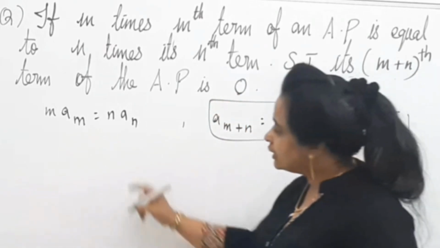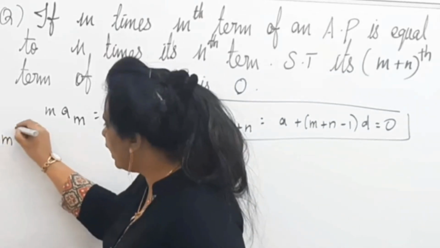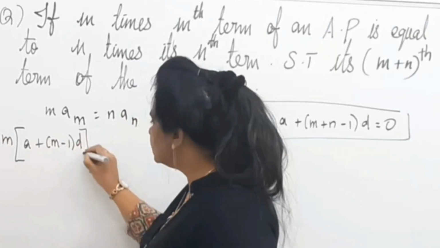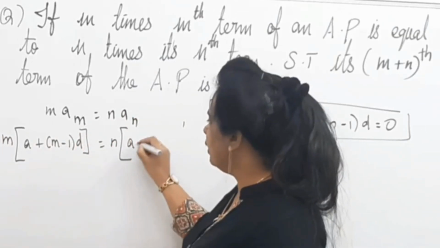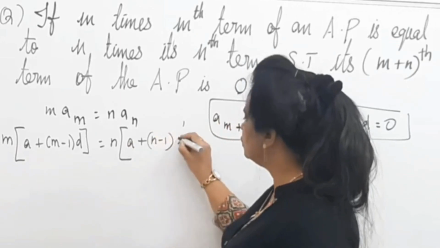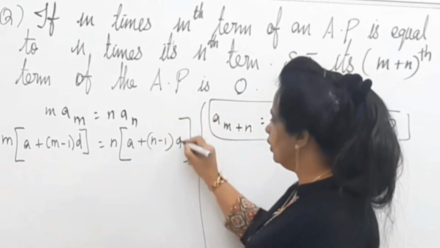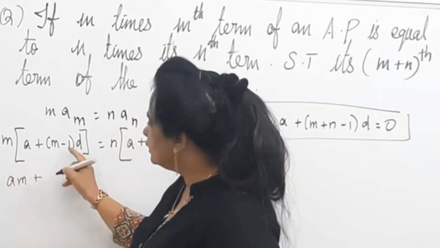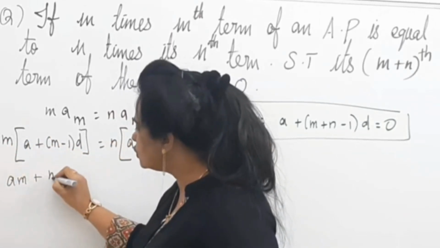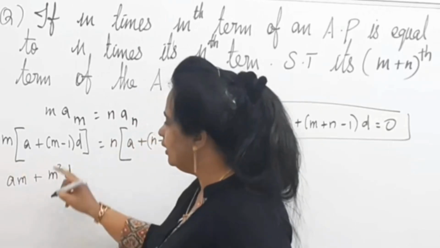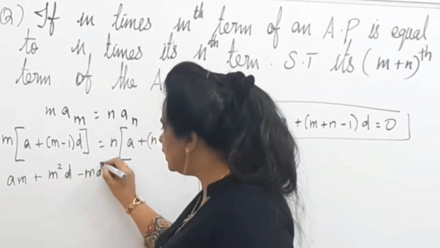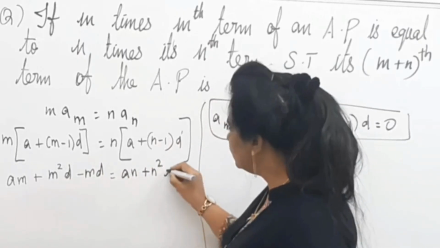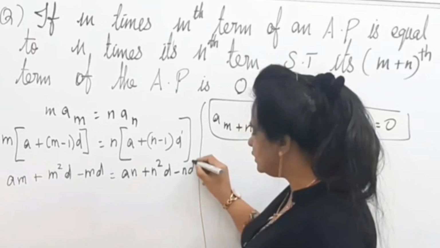So now it is given m times a_m. So m into (a + (m - 1)d) is equal to n into (a + (n - 1)d). So both are equal. Now I just expand: am + m²d - md is equal to an + n²d - nd.